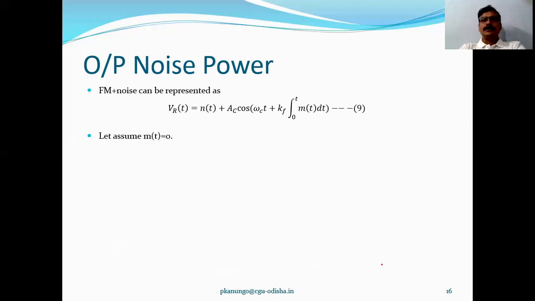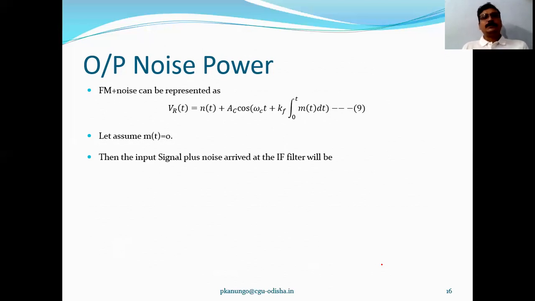How will you get a carrier signal? Only if you assume that the modulating signal is 0, then automatically the FM signal will become a carrier signal. So now we are assuming the FM signal is not modulated, that is, the FM signal with MT equal to 0.